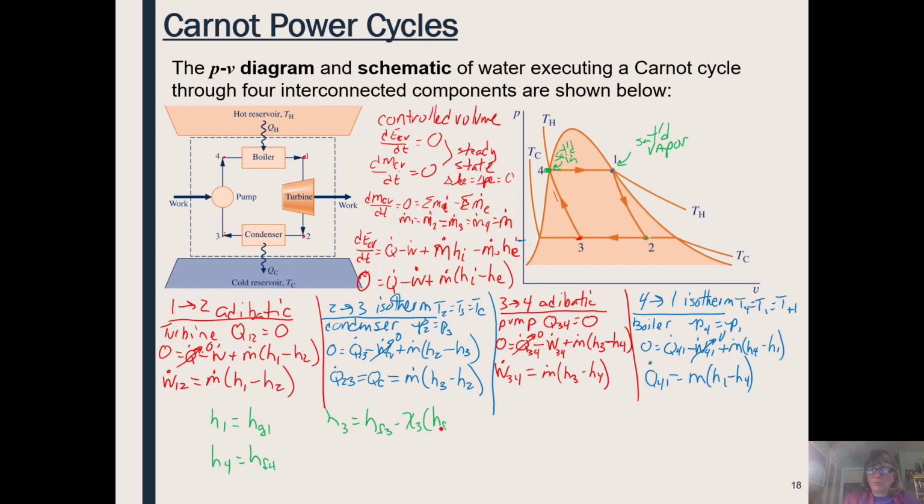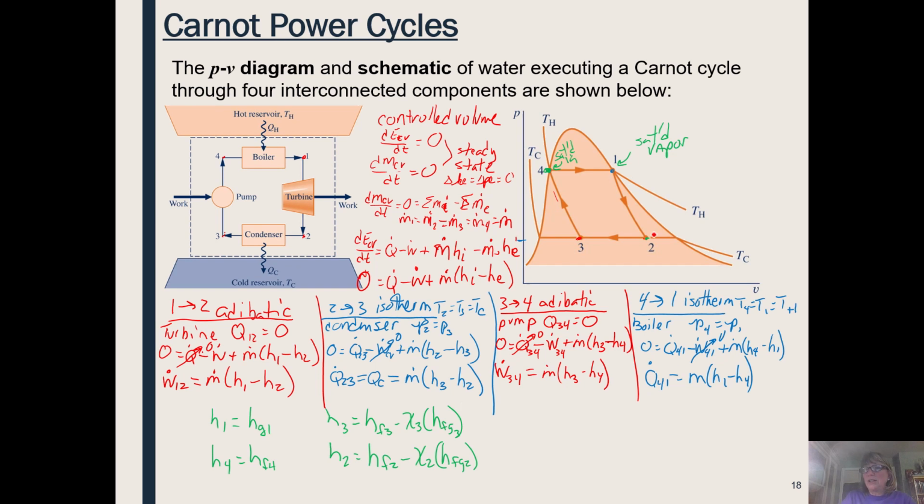That's this special term here, h_fg, which is already that difference between the saturated vapor and the saturated liquid. And then h2 would be the same thing, but with a different quality. Since these are both at the same temperature and on that same isotherm line, the values of h_f and h_fg will be the same for 3 and 2. The quality will be different.